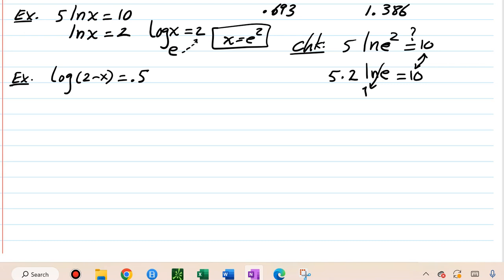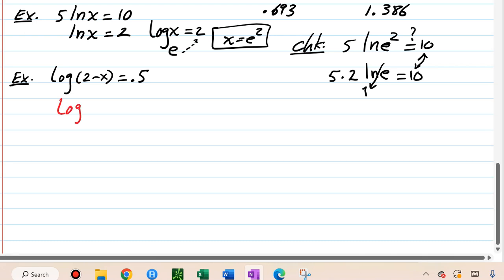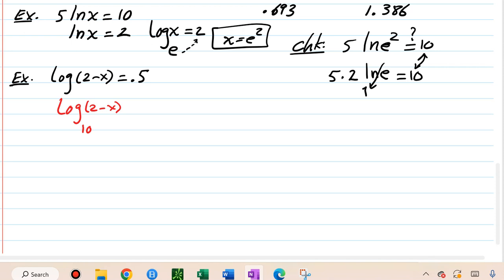In order to rewrite this in the form that we want, I need to put that base 10 in there. So I'm going to rewrite this as log base 10 of 2 minus x equals 0.5. Again, the reason is because I need to rewrite it. So what does that mean?